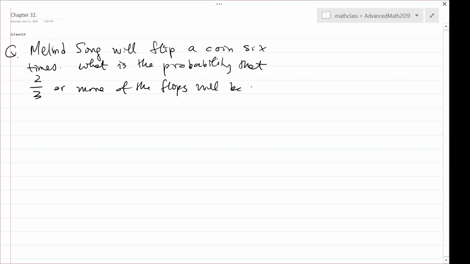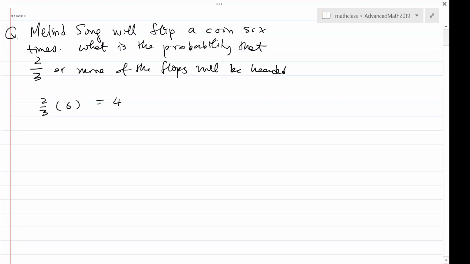To solve this problem, we are going to use the multiplication product rule and, more important, the addition rule. 2 over 3 times 6 is going to be 4. So in other words, you're going to get at least four of the flips will be heads.